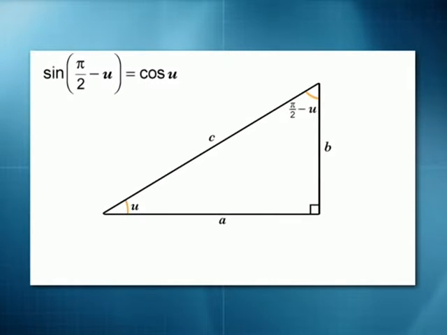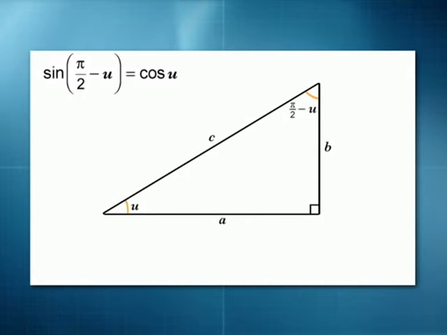Well, if one angle has measure u, the other one is 90 minus u, but we've been using radians mostly, so it's pi over 2 minus u. So the two acute angles are u and pi over 2 minus u.